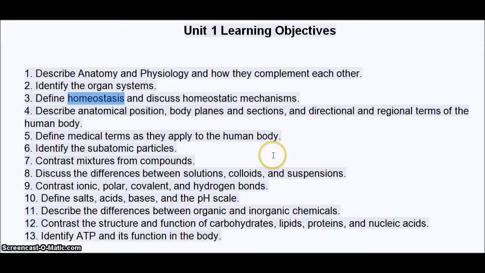We're going to talk about how those are important to your physiology and your medical health and your well-being and how you feel. And that's the big idea with homeostasis that I want to talk about.